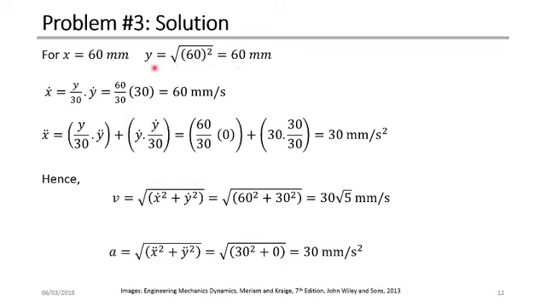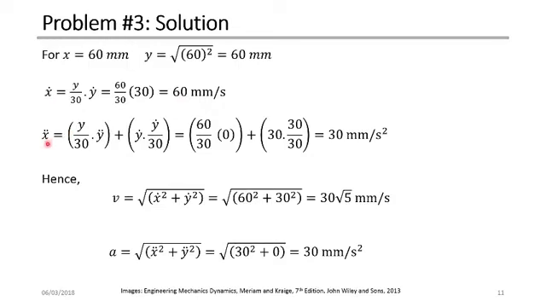And because we have y and x here, and we have y dot as 30 millimeter per second, and y double dot as 0, we can start finding all the components for the velocity and the acceleration. For example, x dot, as found previously, is y divided by 30 multiplied by y dot. The y value here is 60. So 60 divided by 30 multiplied by y dot, which is given as 30. So we have x dot as 30 as well.